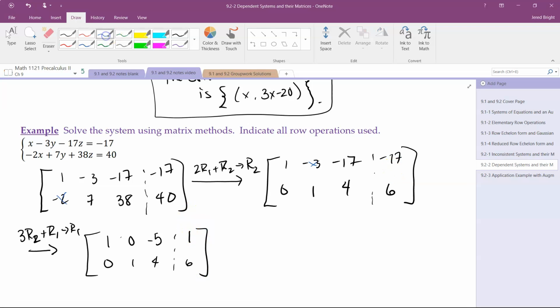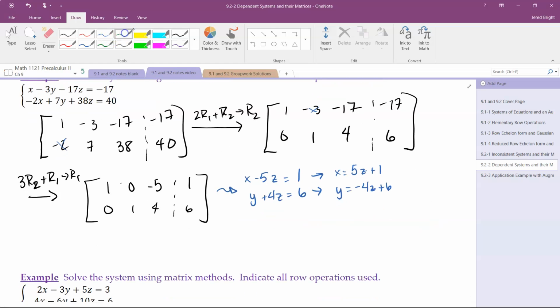Okay, so then from here, I get the equations. x minus 5z is equal to 1. And y plus 4z is equal to 6. Now I'm going to solve each equation for x and y and leave it in terms of z. So x is equal to 5z plus 1, and y is equal to negative 4z plus 6.